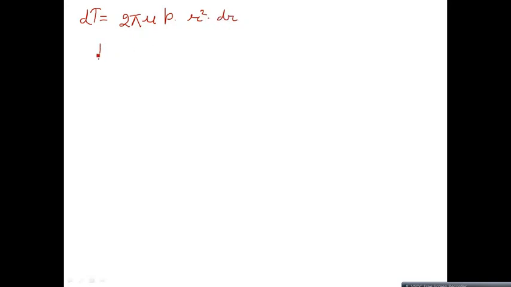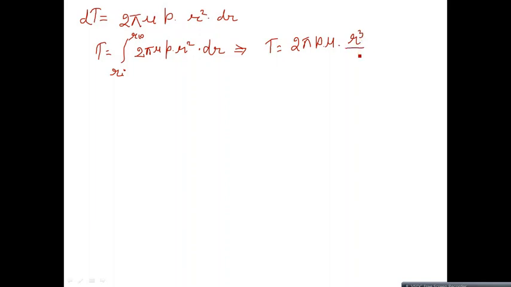So now regarding torque transmission capacity, based on the friction, we got dT equal to 2 pi mu into p into r square into dr. Let us integrate to get the total torque which is going to act over the disc clutch.